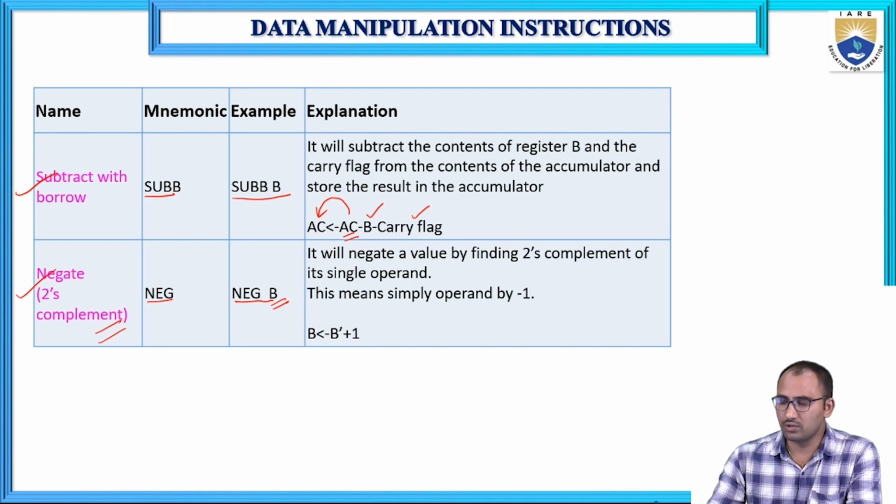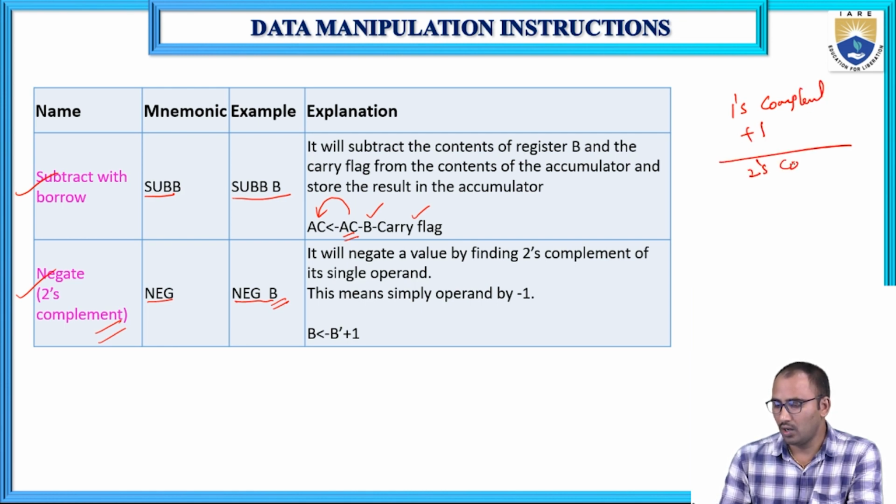In order to perform the 2's complement, first we need to perform the 1's complement, then we have to add 1, so that you will get the 2's complement value. Here B bar is the 1's complement. Next we add 1. So 1's complement plus 1 gives the 2's complement value, and that value will be stored in the B register. So these are the different arithmetic instructions.